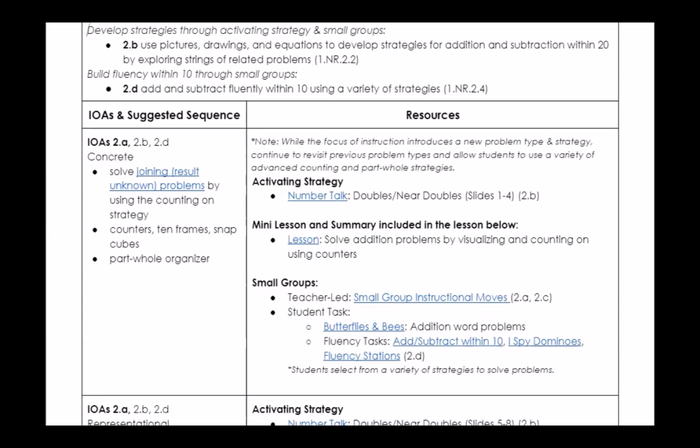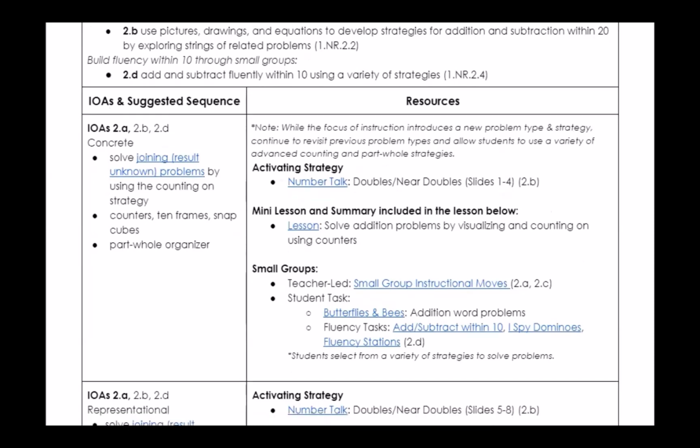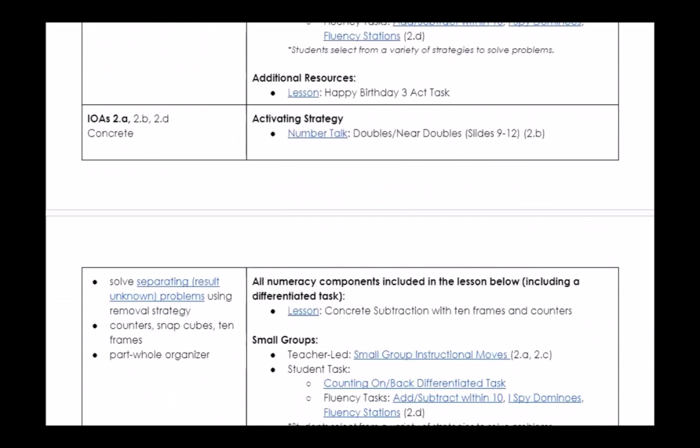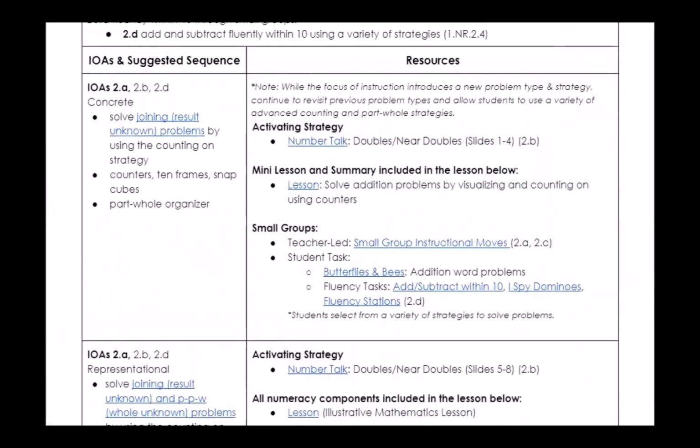Okay, you guys, so as you are looking through this unit, you're going to see that the instructional strategies progress from concrete to representational, and then we're back to concrete again. So why are we doing that? Concrete strategies will reappear when a new problem type or thinking strategy is introduced. So we're starting off that first day with that joining action problem, the result unknown that was at the top of our chart.